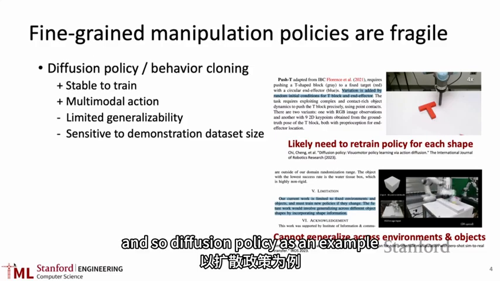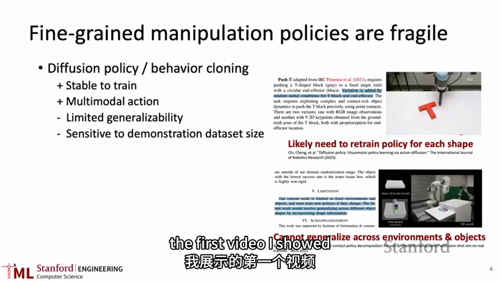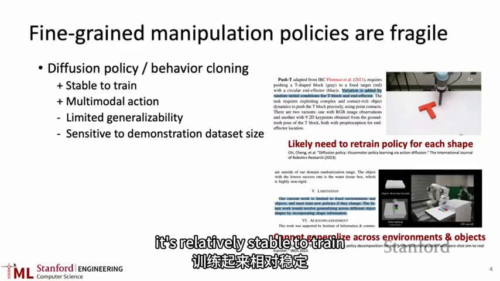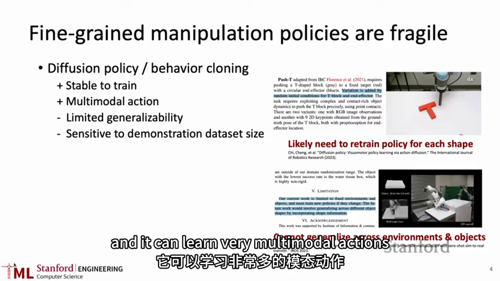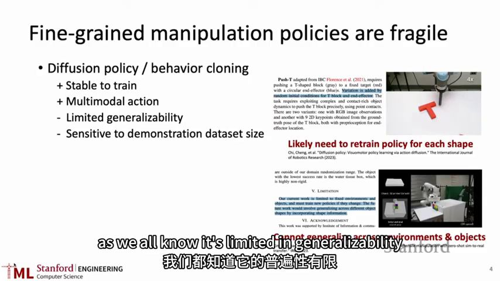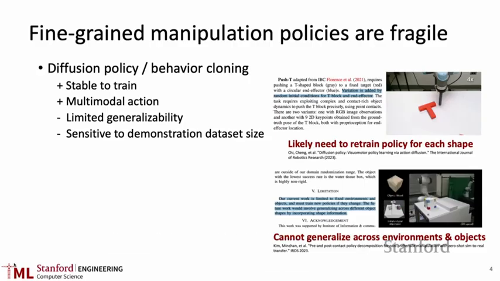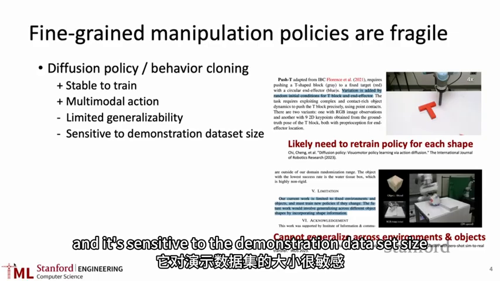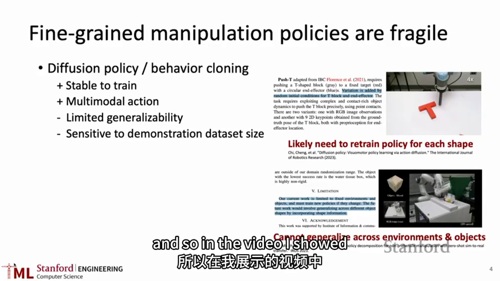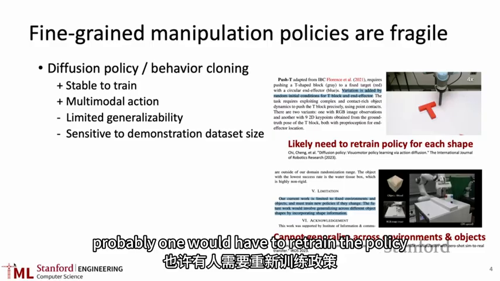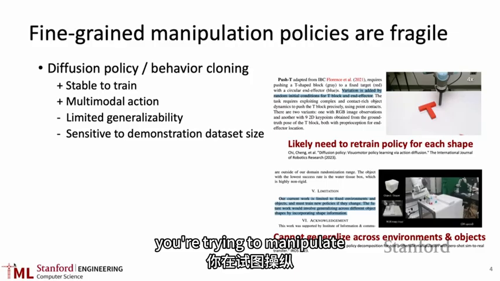Diffusion policy, as an example, in the first video I showed, is relatively stable to train, and it can learn very multimodal actions. But as we all know, it's limited in generalizability, and it's sensitive to the demonstration data set size. In the video I showed, one would probably have to retrain the policy for each of the shapes you're trying to manipulate.